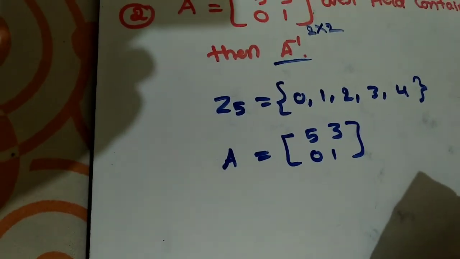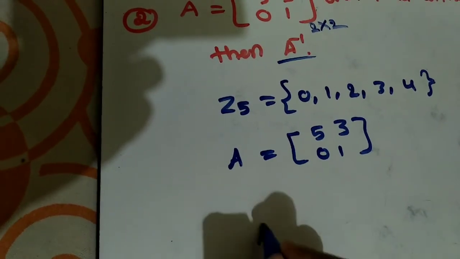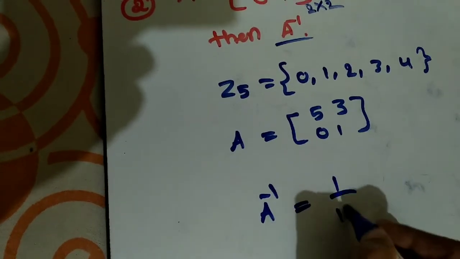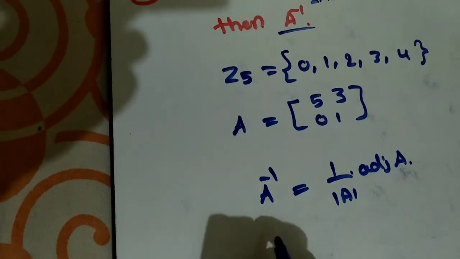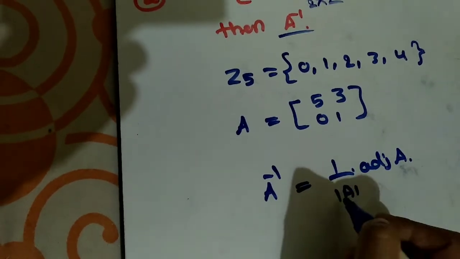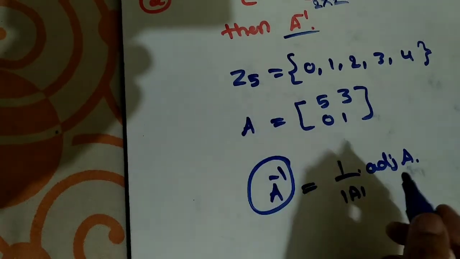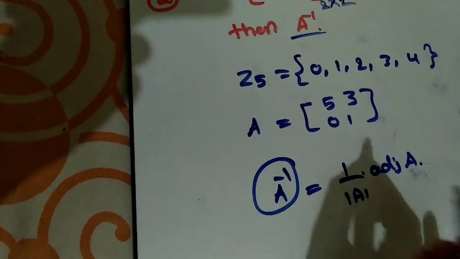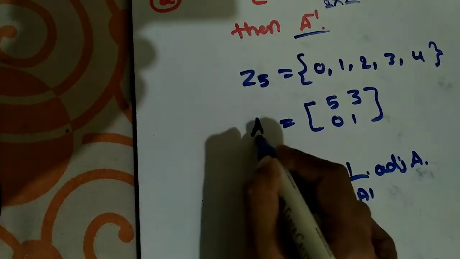Now they're asking for finding the inverse of the matrix. We know this formula also. I'm going to write this formula, but before finding the adjoint of A, we check whether this matrix is eligible for finding the inverse. So first we check the determinant of this matrix.